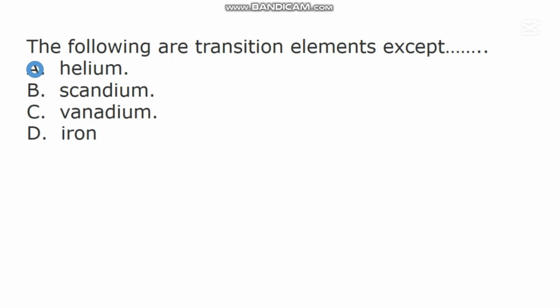Transition elements are those elements that have partially d-filled orbitals, and these elements lie within group 2 and group 3 in the periodic table. So these transition elements have unique properties, and examples of transition elements are scandium, vanadium, iron, and other elements. But helium is a noble gas. Helium is not a transition element.